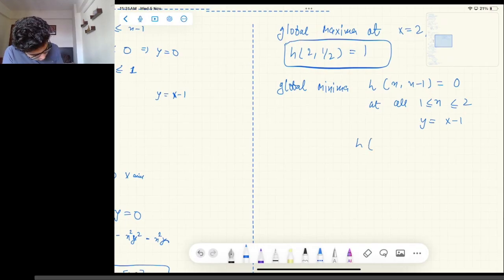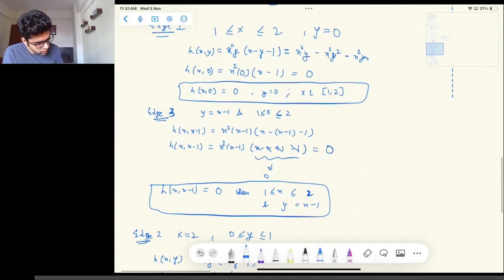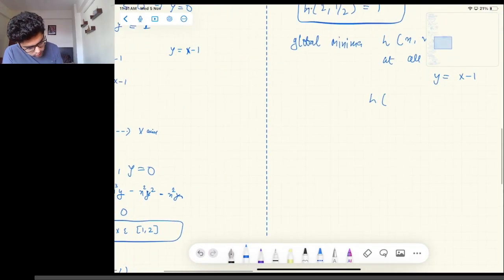Now this will also be a global minima where my y equals 0.